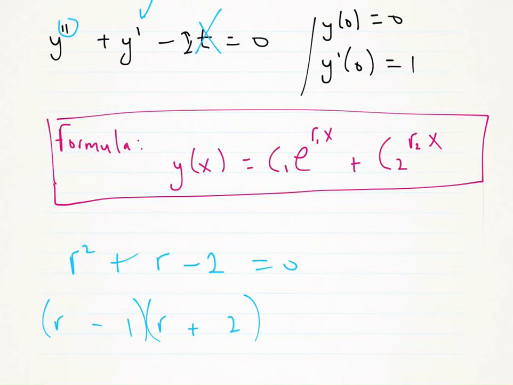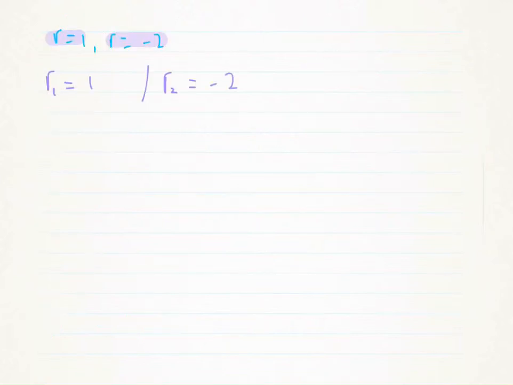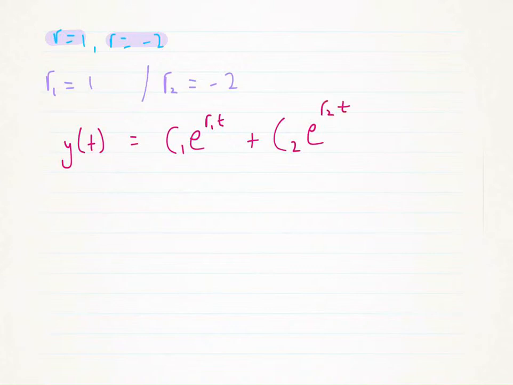Right, okay, so our formula is y of t equals c1 e to the power of r1 t plus c2 multiplied by e to the power of r2 multiplied by t.